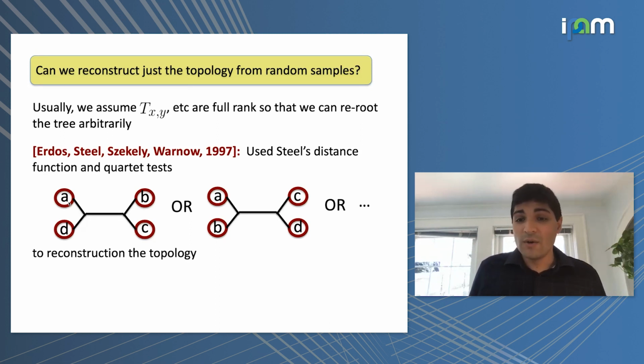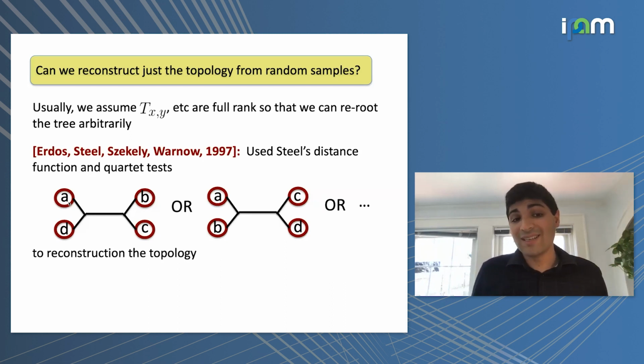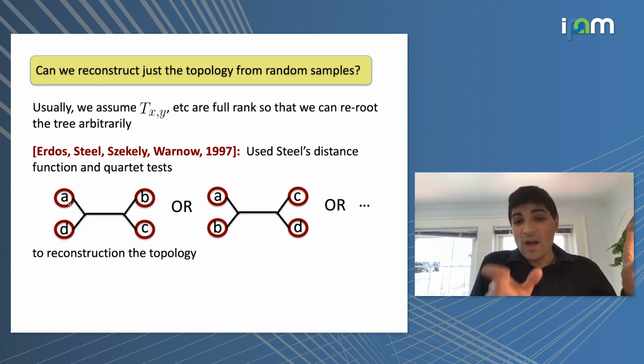And what you can show is that if you can query all of these different pairs of nodes for what the distance is between them, then you can decide which of the induced topologies it is. This is not hard to see because on the left-hand side, the edge that connects the AD subtree to the BC subtree has some positive distance.